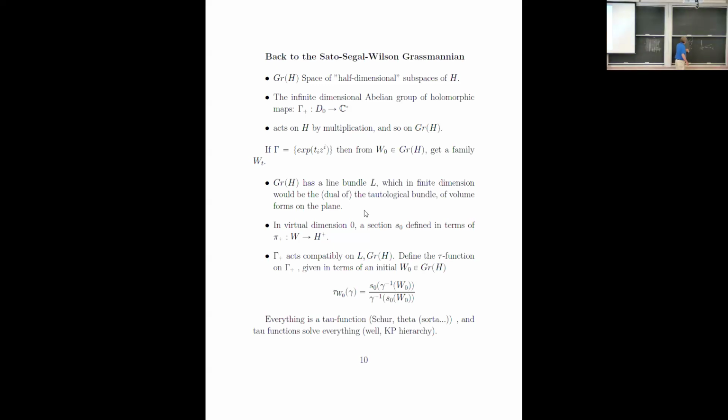But you have this picture, if you want, where here's your Grassmannian, and you've got a line bundle above it.